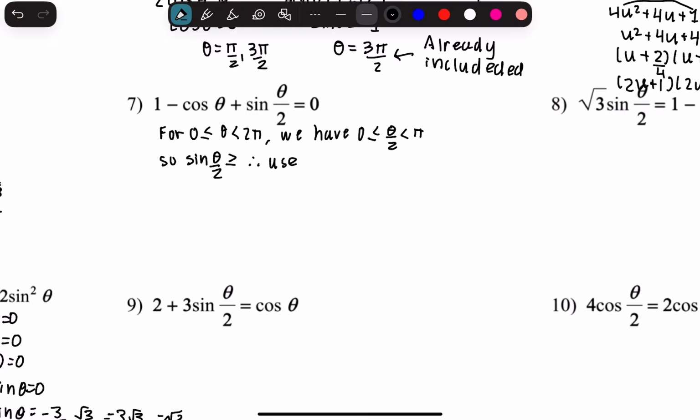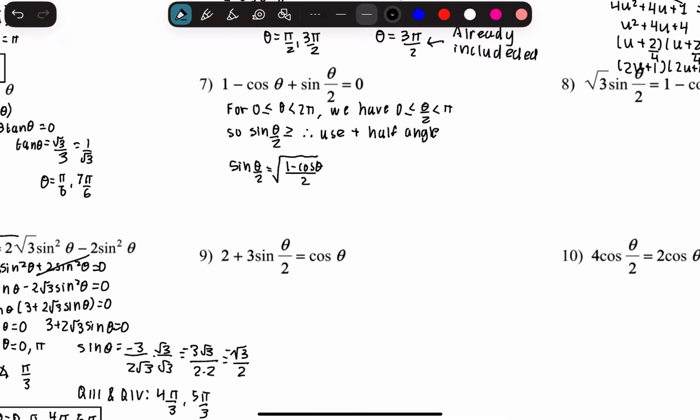Therefore we have to use the positive half angle. What that means is that sine of θ/2 is equal to the square root of (1 minus cosine θ) divided by 2. That's the formula you're going to use.